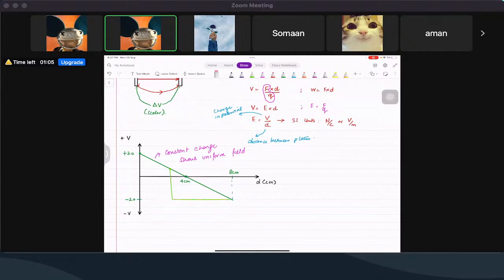So this is the change in voltage, and this is the change in distance. So the gradient is basically defined as the change in voltage over change in distance, right? Everybody understands this?